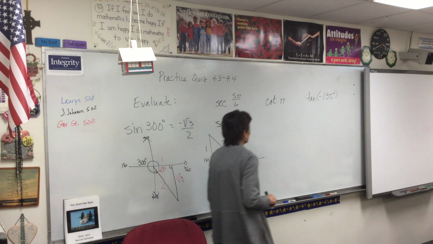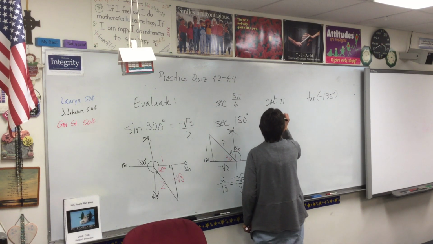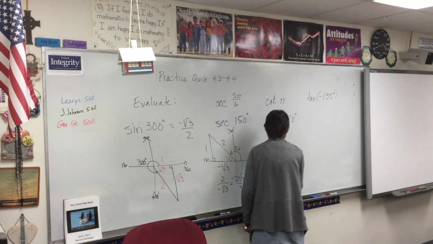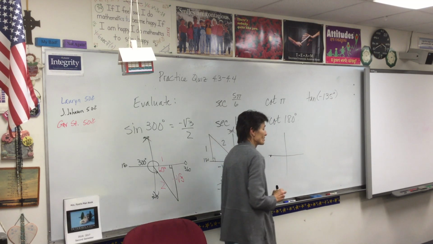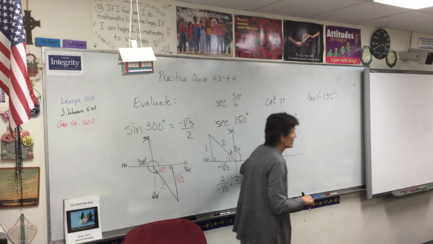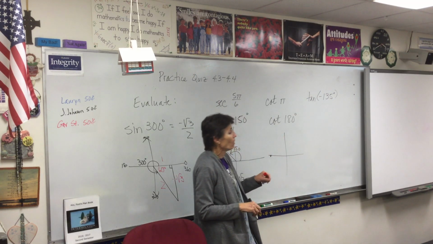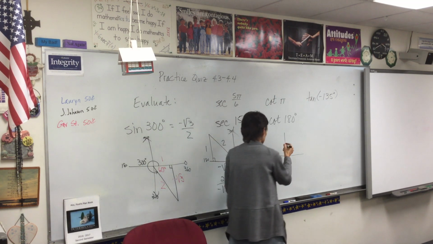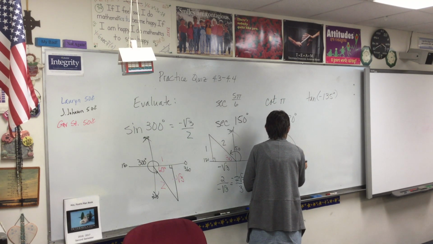All right, same thing here. What's pi? 180. All right, so we're finding the cotangent of pi. Here's 180, right, kids? It's right on the axis. And what did we say yesterday or the day before? If we are on an axis, we have to use a circle. That's right.